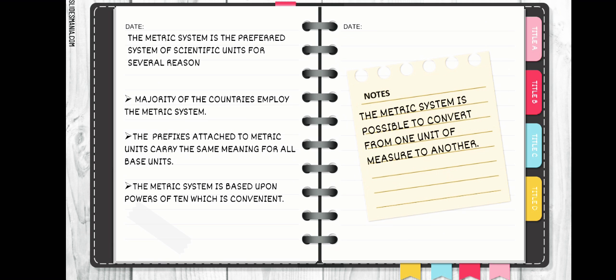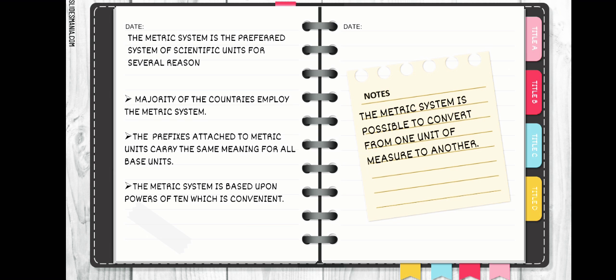So, the metric system is preferred because of several reasons. One is that the majority of the countries employ this system, and the prefixes, which will be discussed by my teammates later, carry the same meaning for all base units, and it is based upon the powers of 10, which is very convenient.